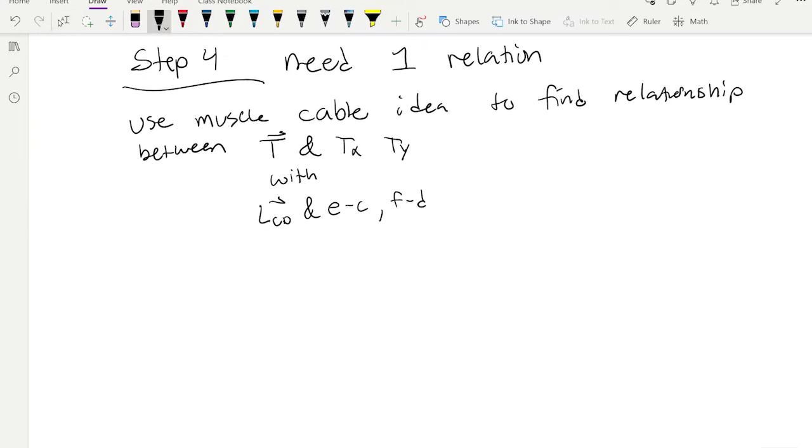So let's start off by asking, what's this relationship? We have the LCD vector, and the components of this vector point this direction and this direction.